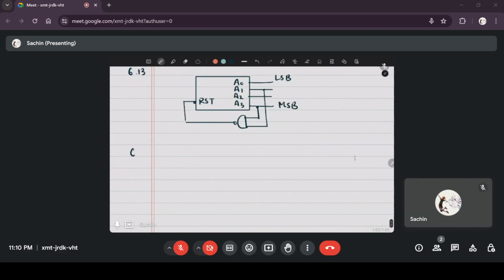Problem 6.14. How many flip-flops will be complemented in a 10-bit binary ripple counter to reach the next count after the following counts? So A, it goes from 100110011. To reach the next count, you add 1 to that number. And when you add 1, you will get 1 carried over, 1 carried over.